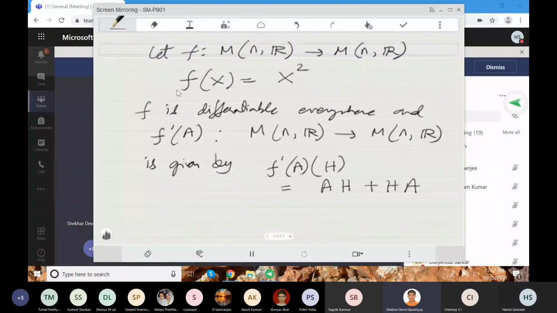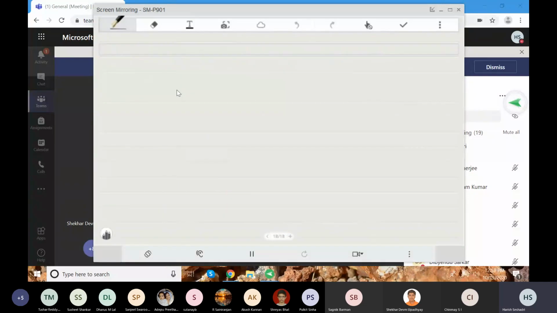No, we don't. But just to keep track of things, to see whether you're following what is going on, I asked this question. We are not going to write down the matrix for sure. There's no need, and it'll be a messy computation. For us, the main thing is that the derivative as a linear transformation is given by this nice simple formula. So let's see how we get this.